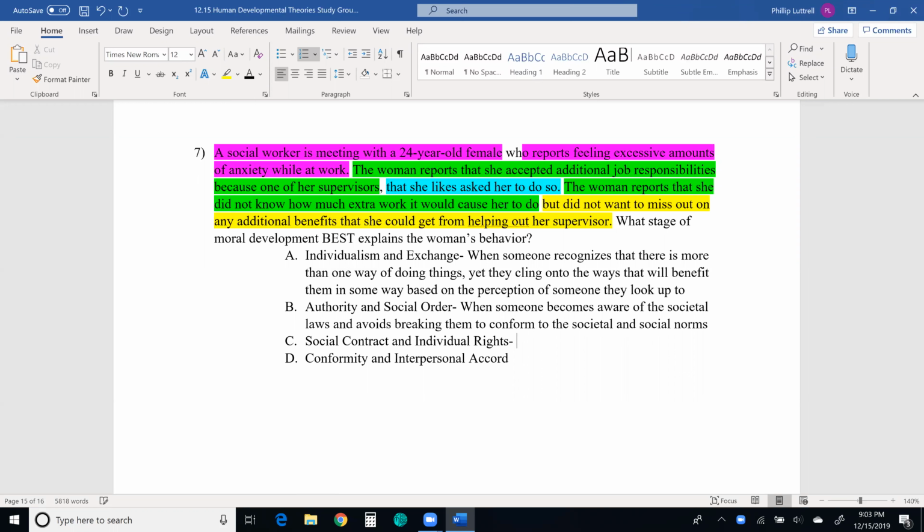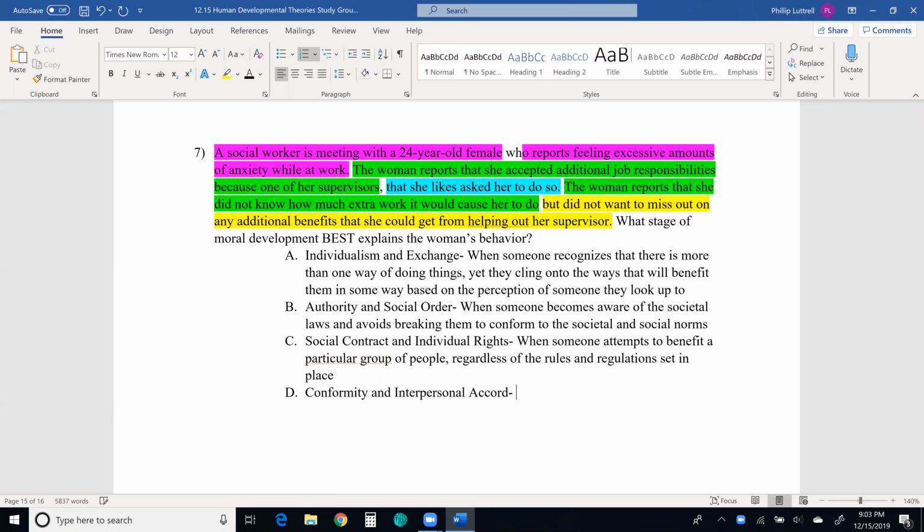And then social contract and individual rights. When someone attempts to benefit a particular group of people regardless of the rules and regulations set in place.